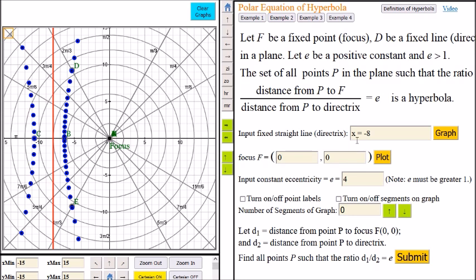And then we also need to pick a directrix. So in this case, we chose a vertical line right here. The vertical line could be to the right of the pole, or it could be to the left of the pole. In this case, we chose a vertical directrix that is to the left of the pole.